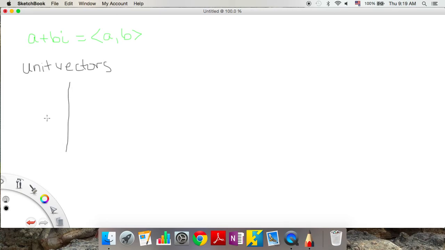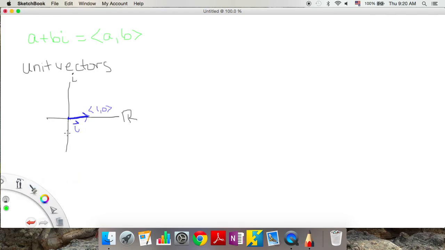So we have our graph here, and remember, a unit something means that it's 1 unit long. So if we have a vector here that's 1 unit long, and it goes only along the real axis, so this is a real unit vector, we call it i, but it's a vector, so you put your little vector notation on the top.